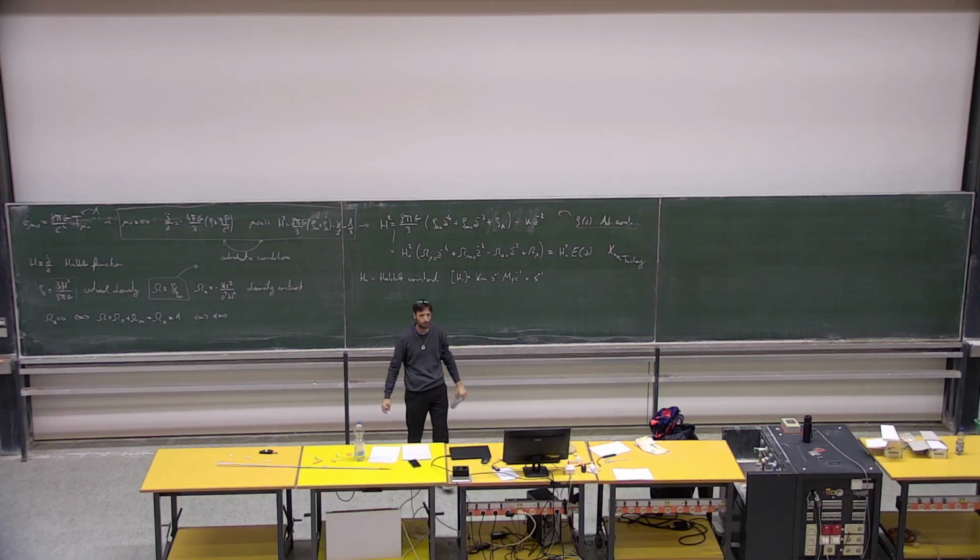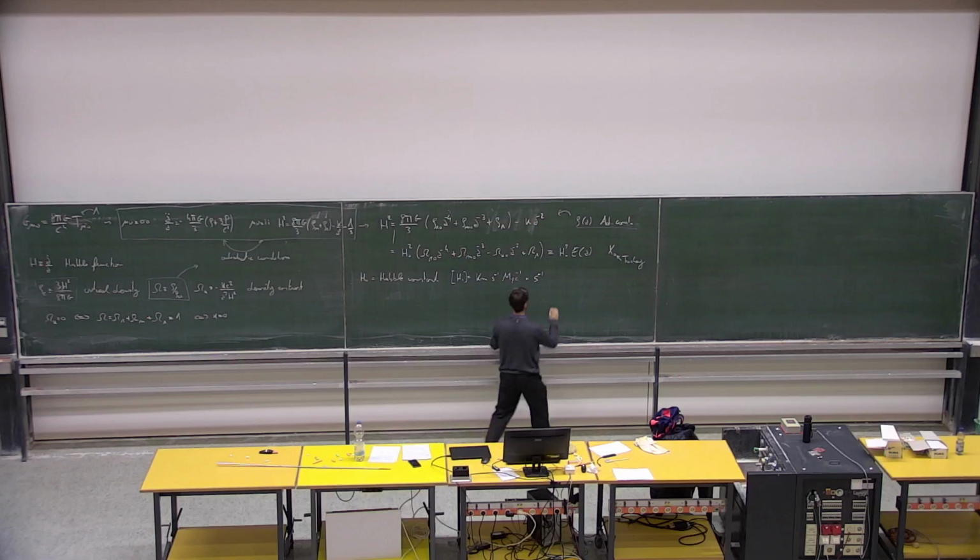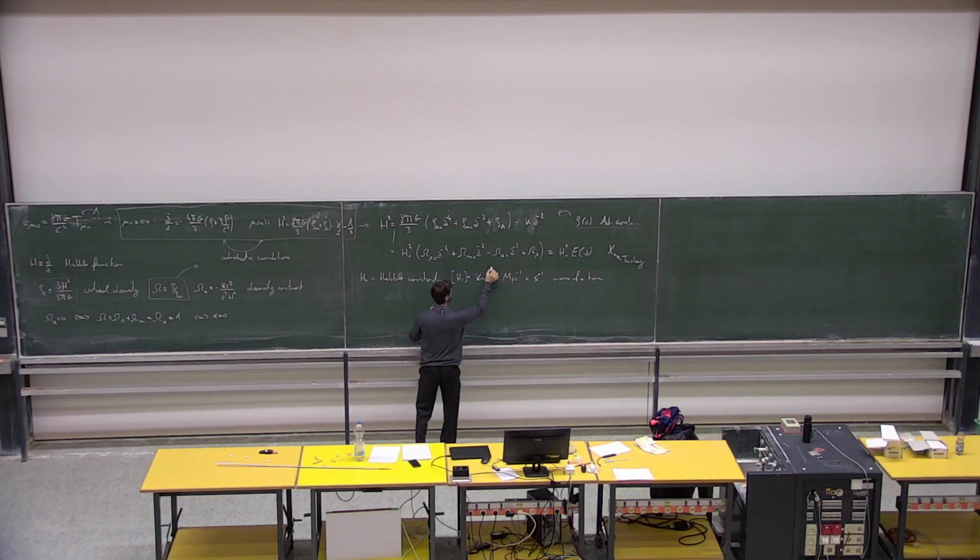It's the inverse of a time. So you see this is a velocity, and this is a typical scale used in astronomy.